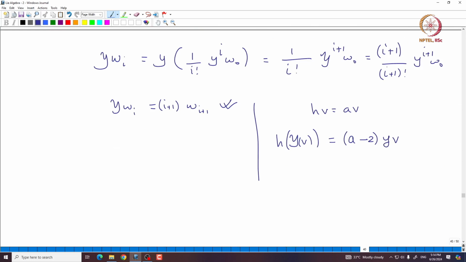So, now by induction you can see that h y power I v, okay, 1 divided by I factorial. So, that is what we want to compute. So, this is going to be h, 1 by I, okay. So, let me take it out, 1 by I h y acting on W I minus 1.